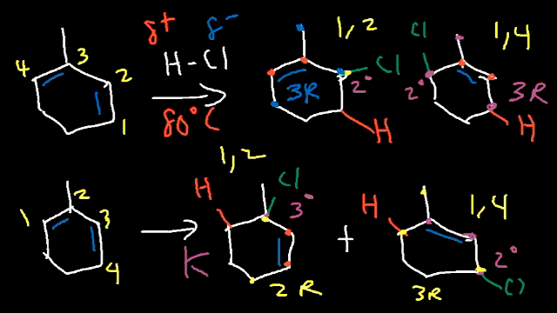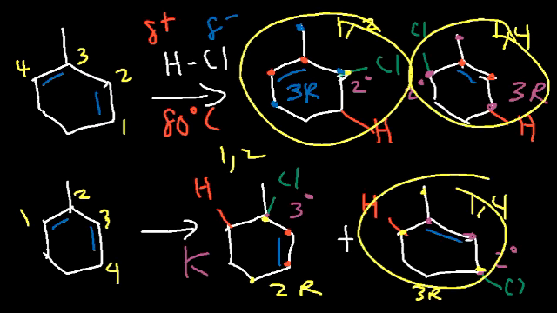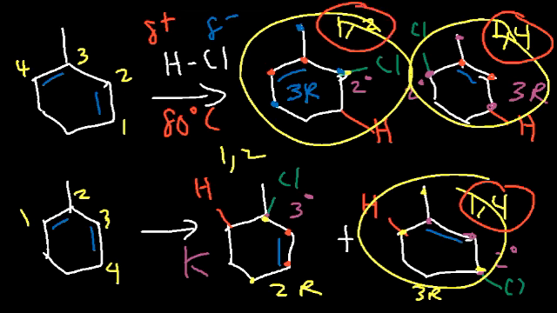So therefore, under high temperature conditions, we can get all three of these, because in terms of alkene stability, they're equally stable. So as you can see, the 1,4 products turned out to be thermodynamic products, but one of the 1,2 products was also a thermodynamic product in this case.